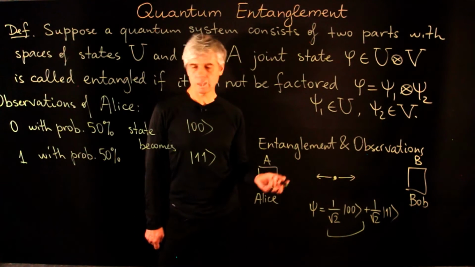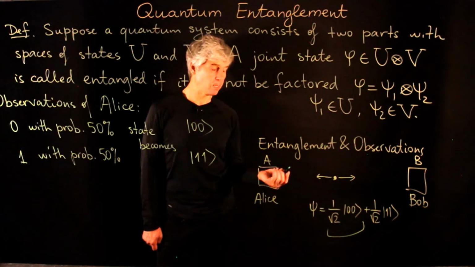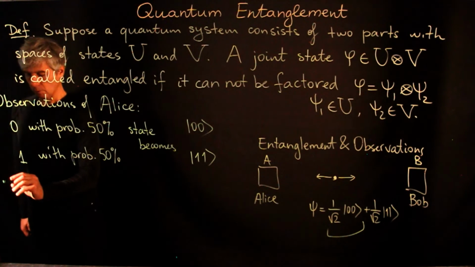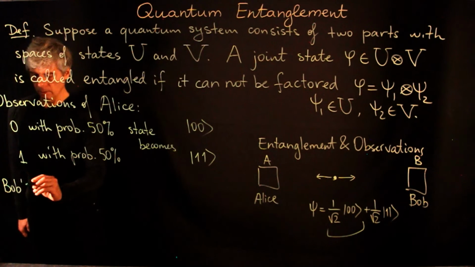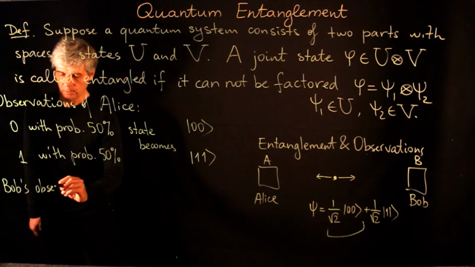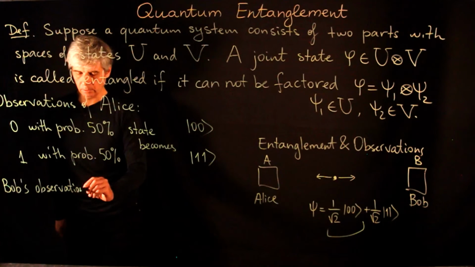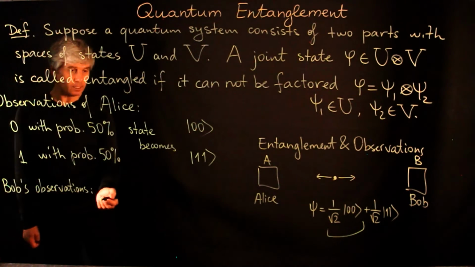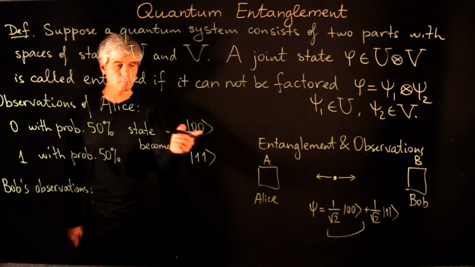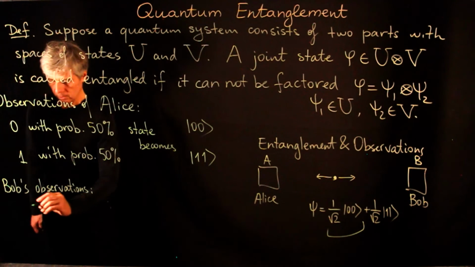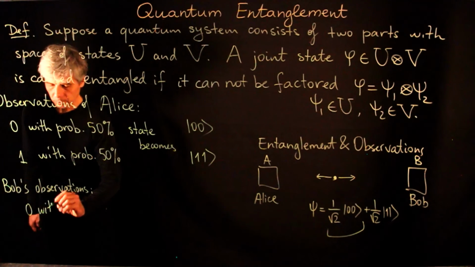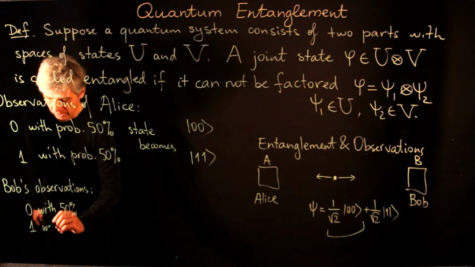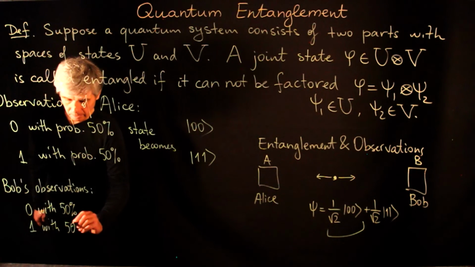And then now imagine that Bob makes a measurement, right? So Bob's observations. So what we have is that, again, with probability 50%, Bob is observing 0, and 1 also with probability 50%.